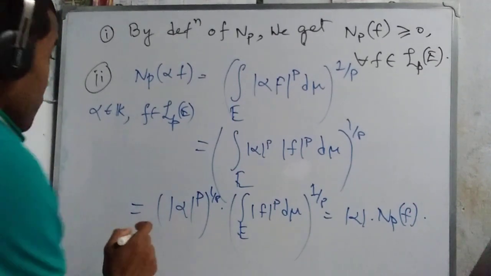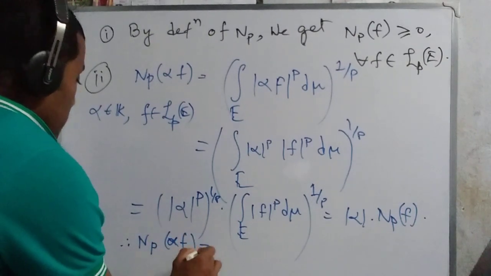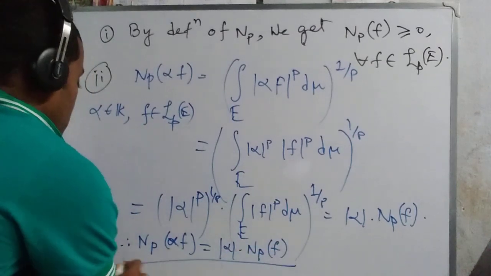Then we get N_p(alpha f) equals |alpha| N_p(f).